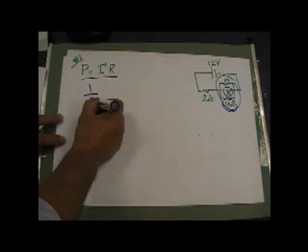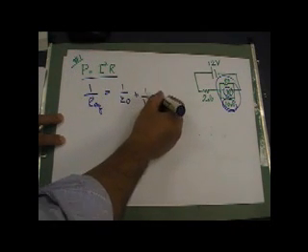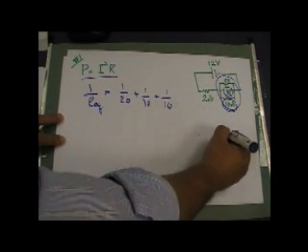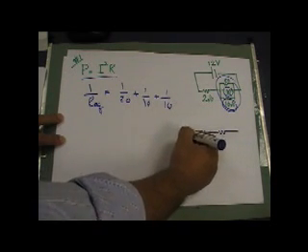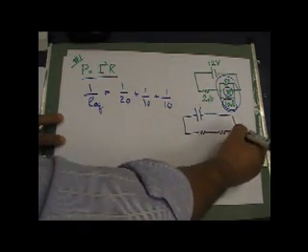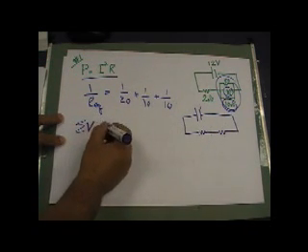So 1 over R equivalent is equal to 1 over 20 plus 1 over 10 plus 1 over 10, and then I get the equivalent of that resistor, and then I will have this simpler circuit, in which I can find I simply by using the sum of the voltages equal to 0.